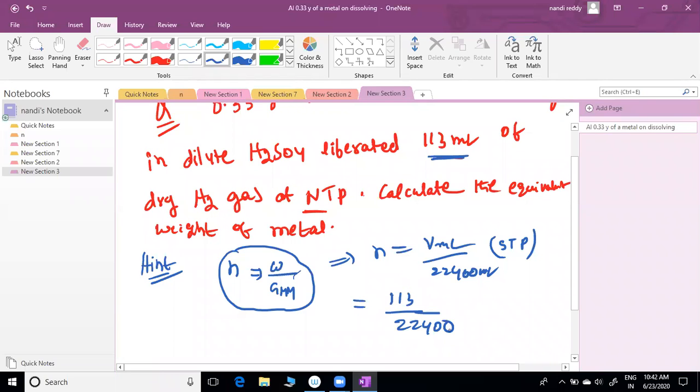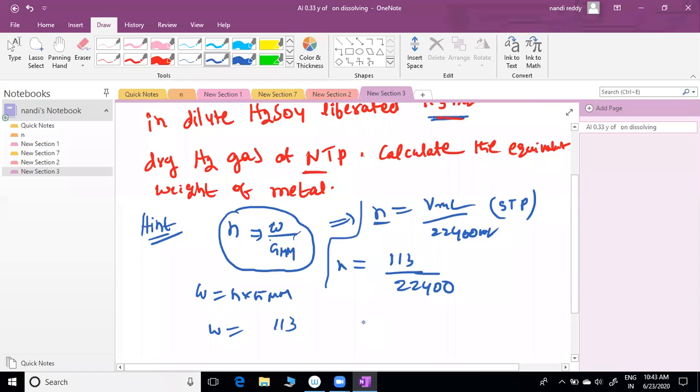Is it clear? Then once you have the number of moles, how do you calculate the weight? W equals n into gram molecular mass. Is it correct? This is the n value, sir. Then substitute: W equals 113 by 22,400 into 2. If you want, you can cancel.